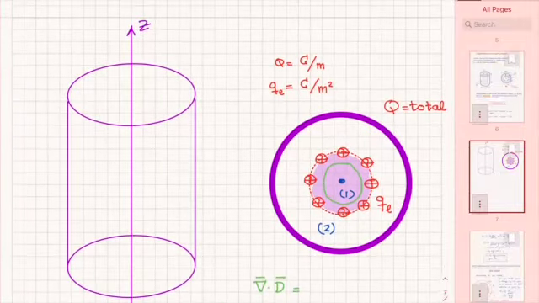But that does not mean that our units will also alter, because units and coulombs are a physical entity. A mathematical change, alteration, if you like, modification in the problem, should not change the units, all right? Should not interfere with the physics. So the units here, even if I call it a line charge and I will treat it like this, the true units will be in coulombs per meter squared.